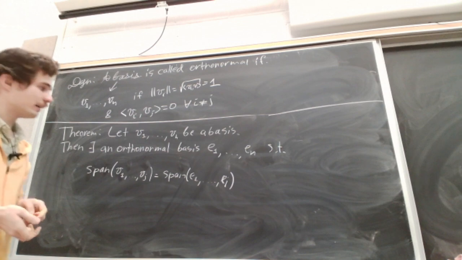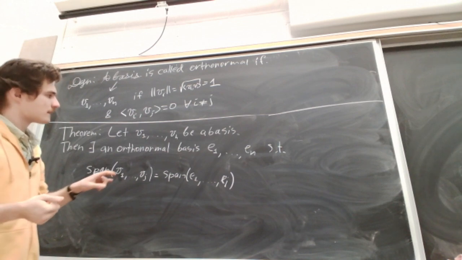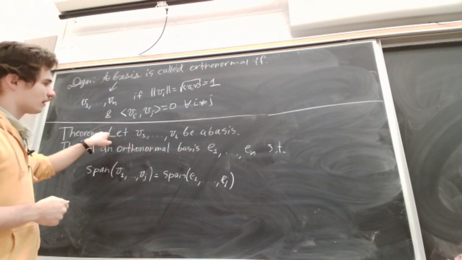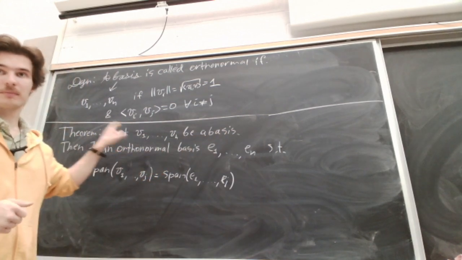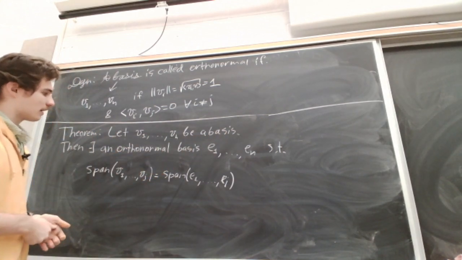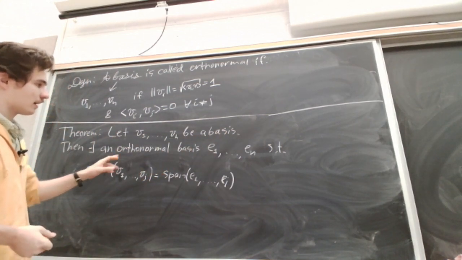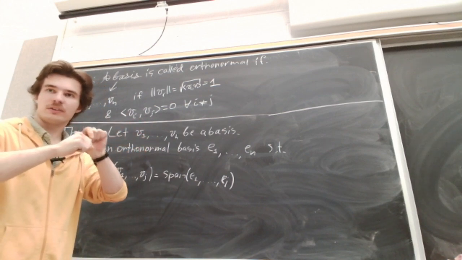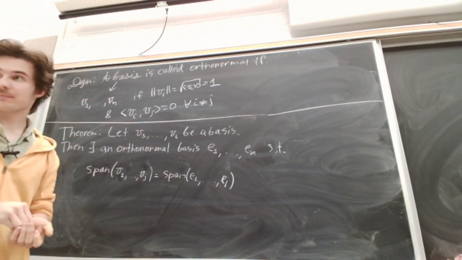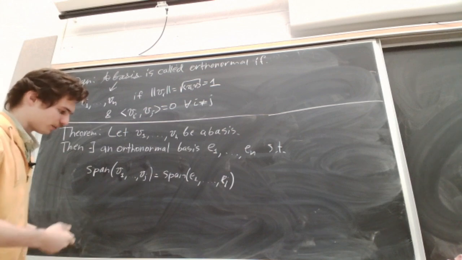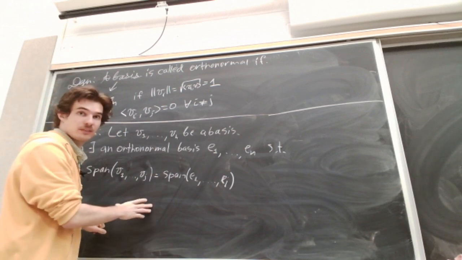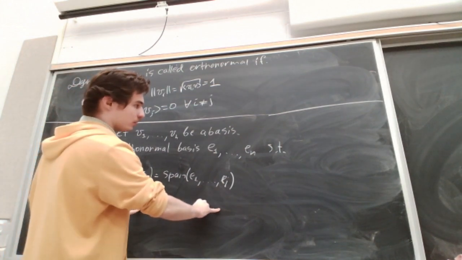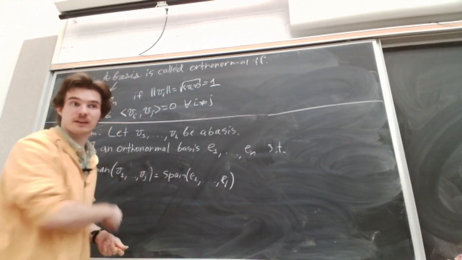So the idea is I can take this basis, and I can do something to it, deform it in some way, to turn it into an orthonormal basis. But not only that, such that if I take the first three vectors here, and then the first three vectors in the new basis, they still span the same vector space.